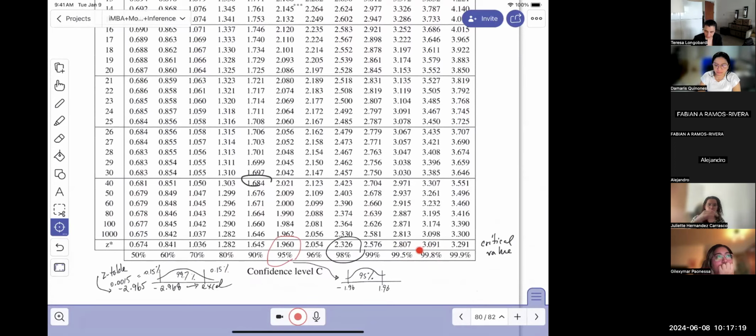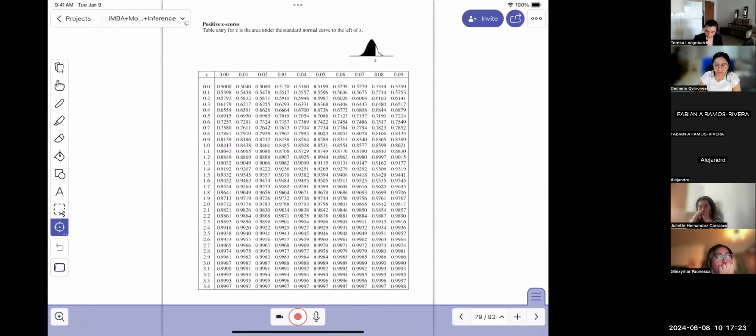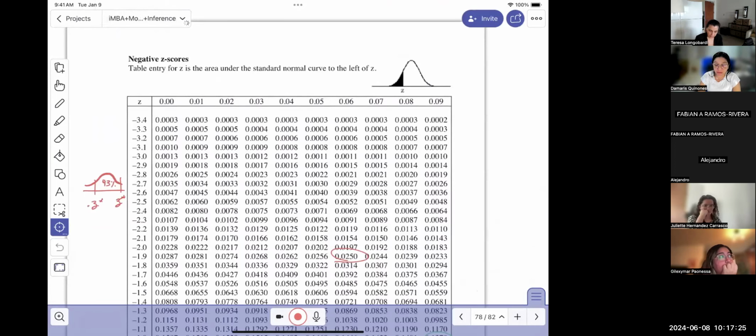So how did I get that result for Z? I created, if I want 99.7, I have to think about, if it's 99.7 in the middle, then it's, so this is the one that we know from learning about the normal distribution.